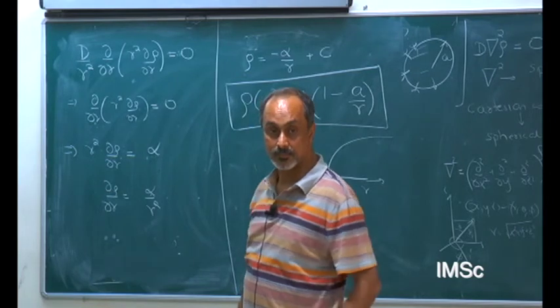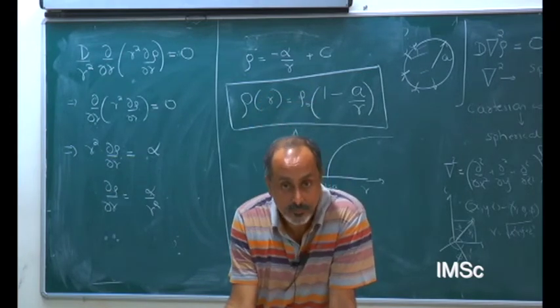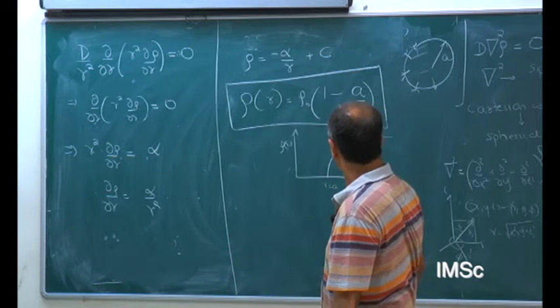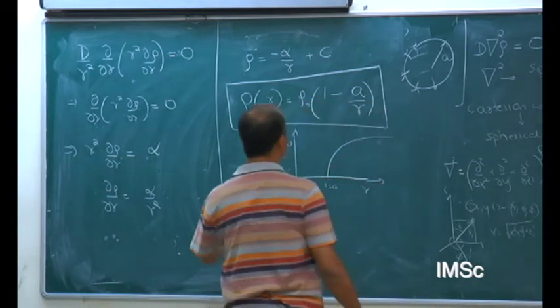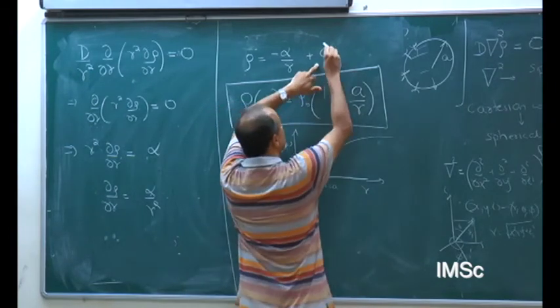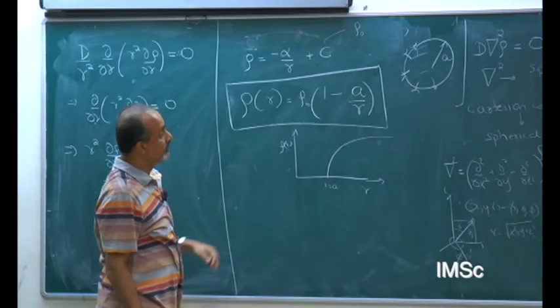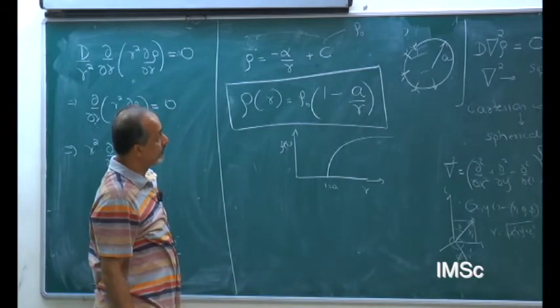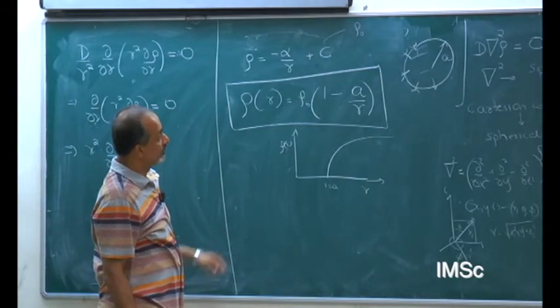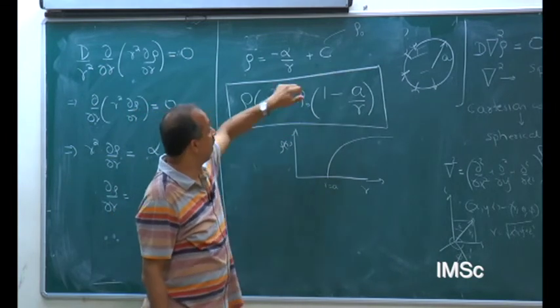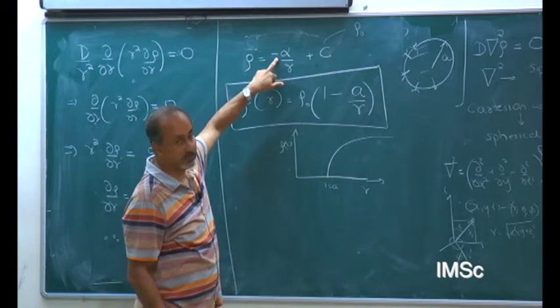Regarding that final equation, rho is equal to minus alpha by r plus rho naught, right? Yes. Because then C I have fixed by saying C must equal rho naught here. Rho of r is rho naught, which is this rho naught factor here. Then we had to fix alpha.